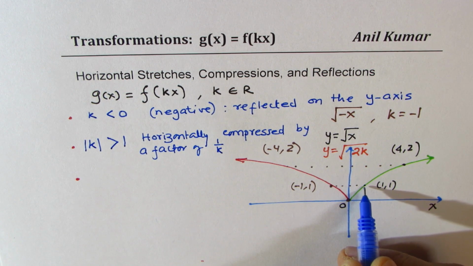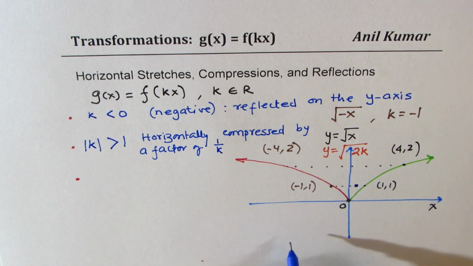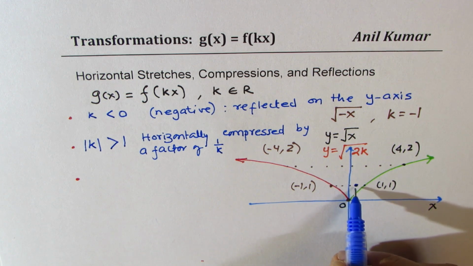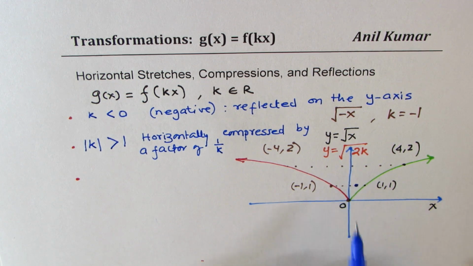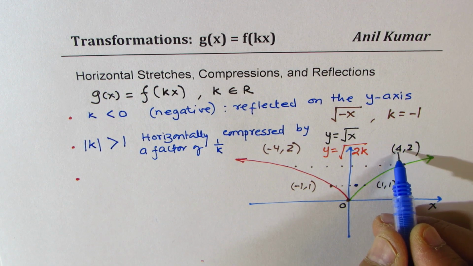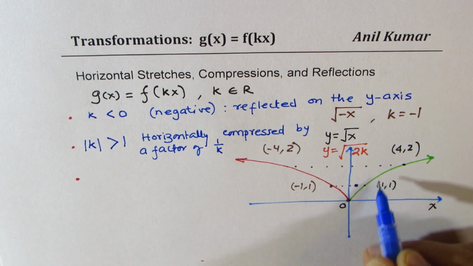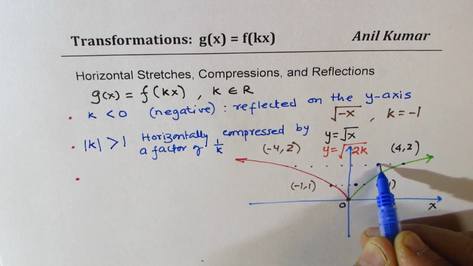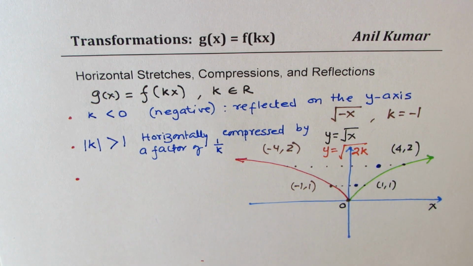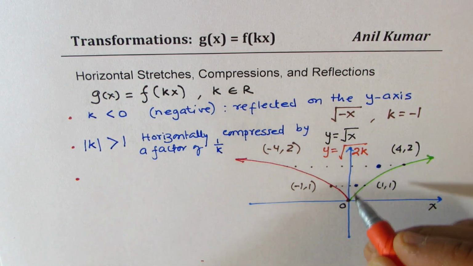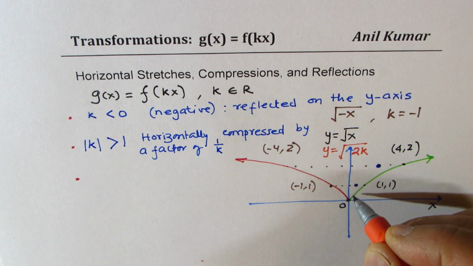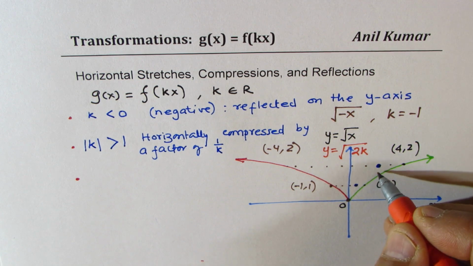So the point 1, 1 will now be shown at half, 1. So the x value becomes half. Do you see that? And the point 4, 2 will now be at 2, 2. So those are the new values for us. And the 0 remains at 0, right? 0 times half is 0.